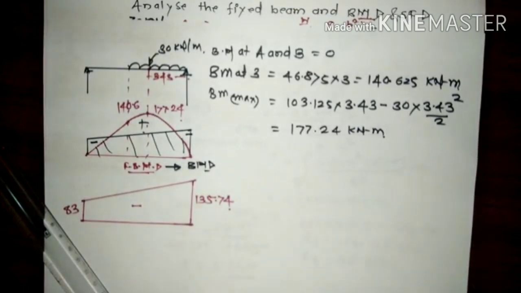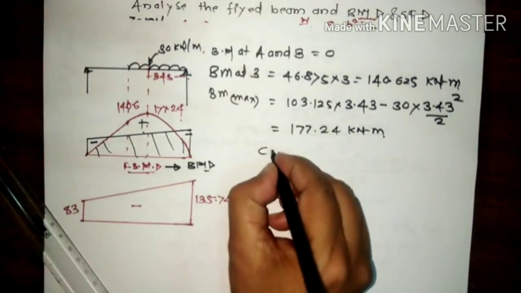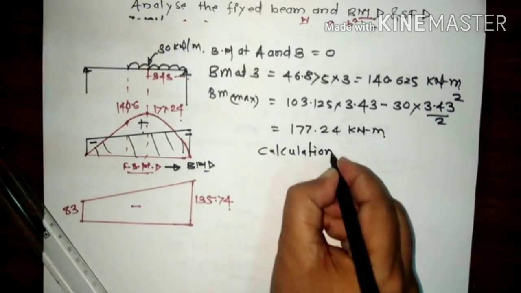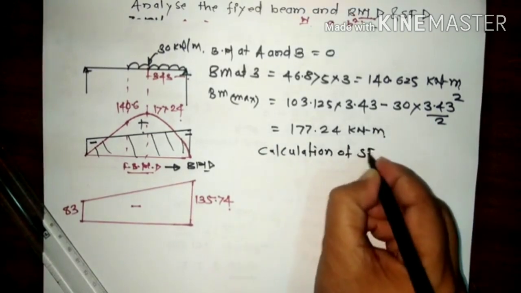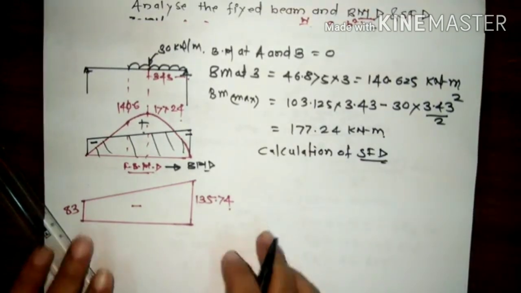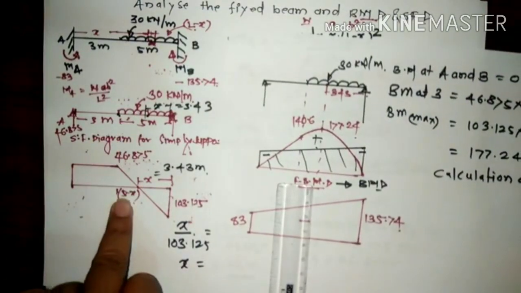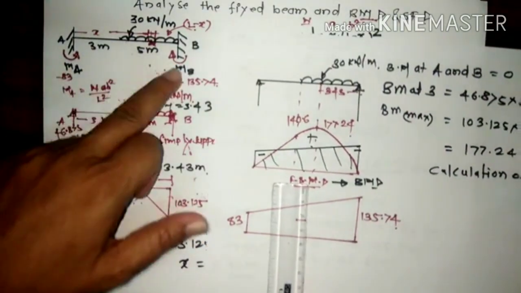Now what remains is the shear force diagram, so the calculation of SFD. Previously, the shear force diagram was only for the simply supported case. Now we are considering the fixed end moments.